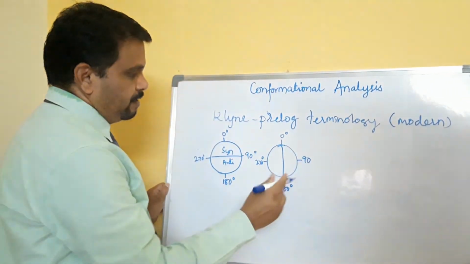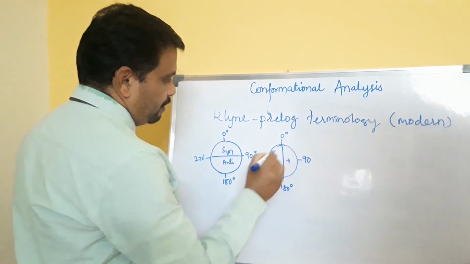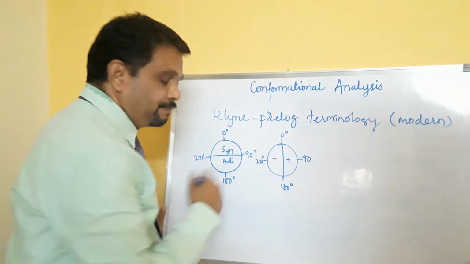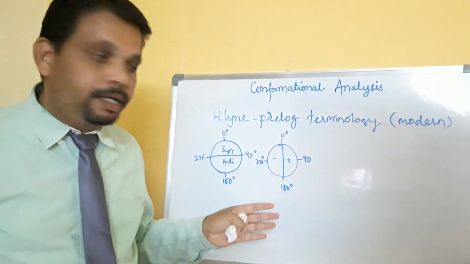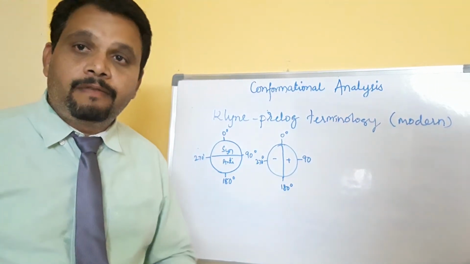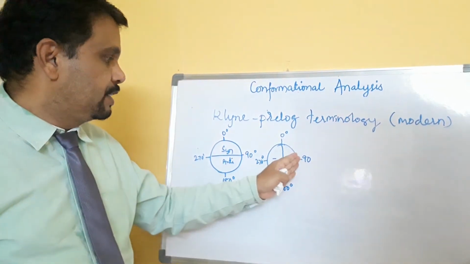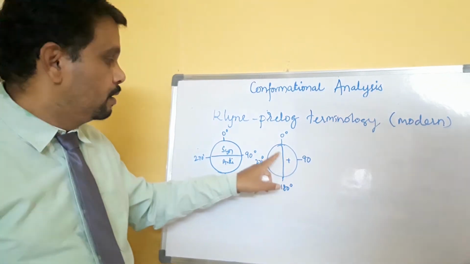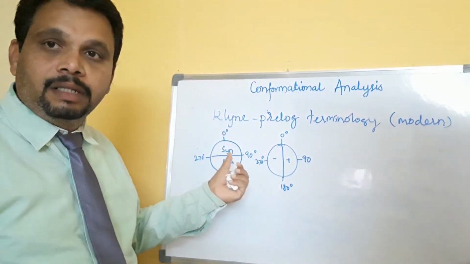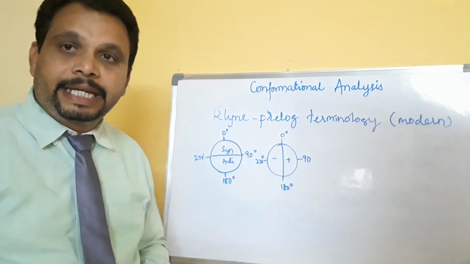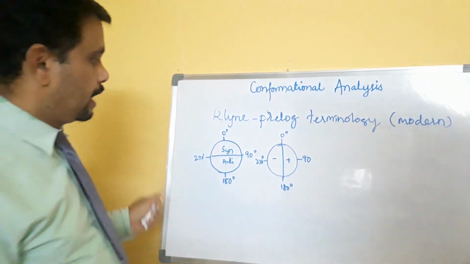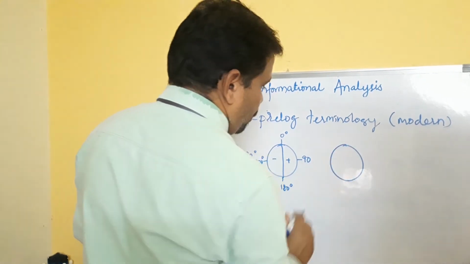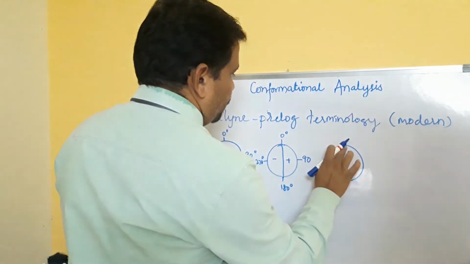So the right part has a positive value, the left part has a negative value. Okay, the right side, the clockwise side, is a plus value, the left side or the anticlockwise side is a negative value. And you need to know about one more circle.